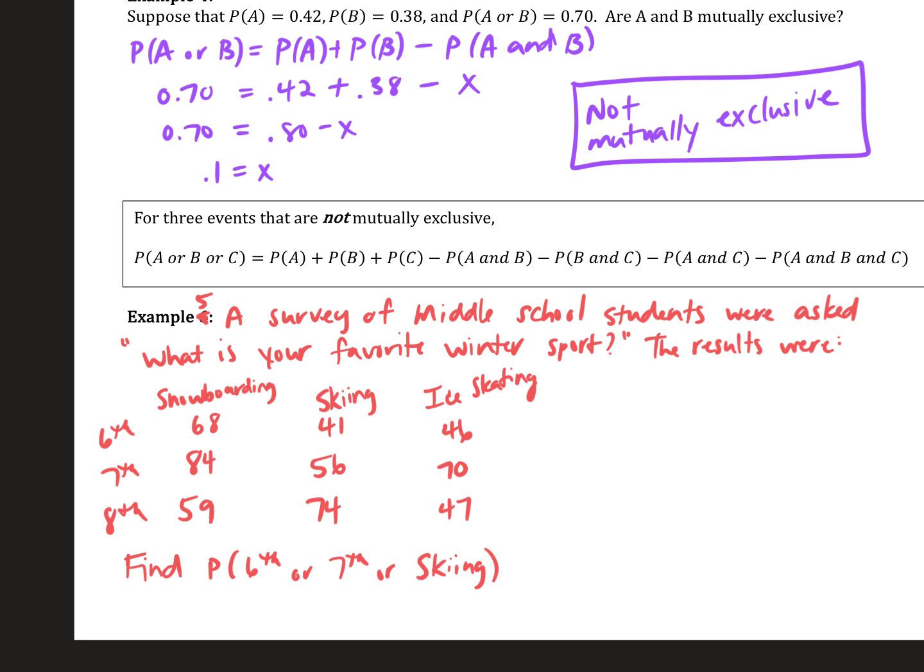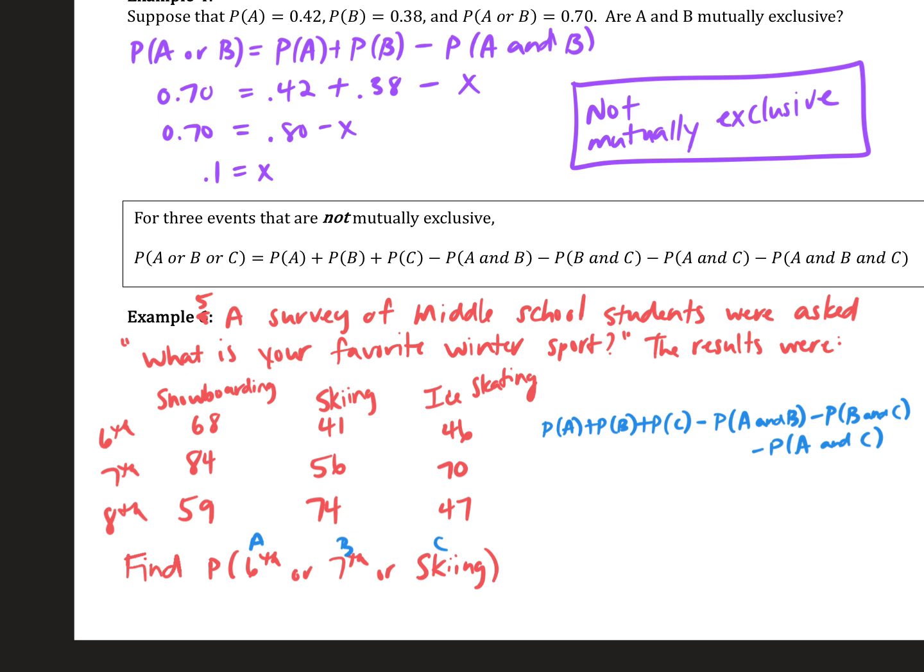So if you have 6th grade being your A, 7th grade being your B, and skiing being C, the probability of A or B or C is those three added up. And then you have to subtract each set of intersections. So minus the probability of A and B, minus the probability of B and C, and then minus the probability of A and C.